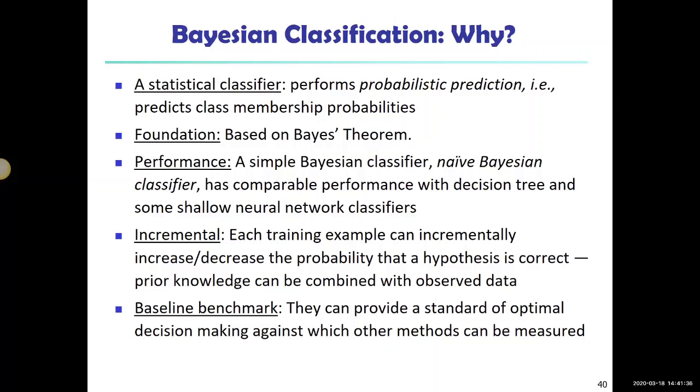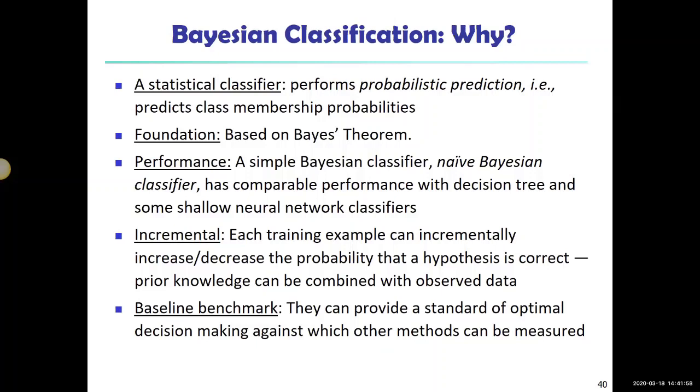The naive Bayesian classifier has long been used as a benchmark. It's very, very simple. Actually, the model does not need to be constructed. The data itself is the model, so you can quickly classify new examples without constructing a model.